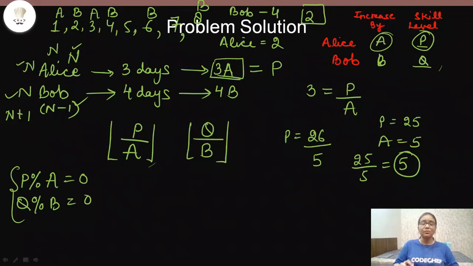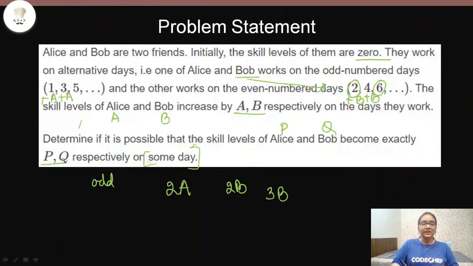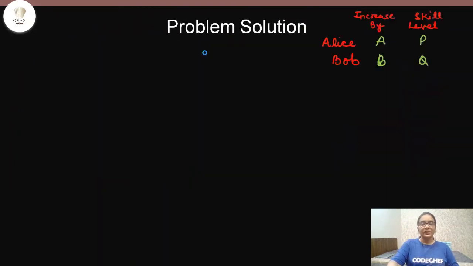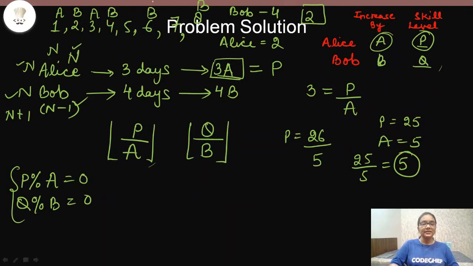If the difference is more than 1 in the number of days that Alice and Bob are working, in that case we will not be able to say that they can achieve this skill level. Why? Because it is given in the problem statement that they work on alternate days. And here you can see there is a gap, meaning they are not working on alternate days at all. Here also Alice is not working, here also Alice is not working, so this is not working on alternate days. That is why this solution would not exist.